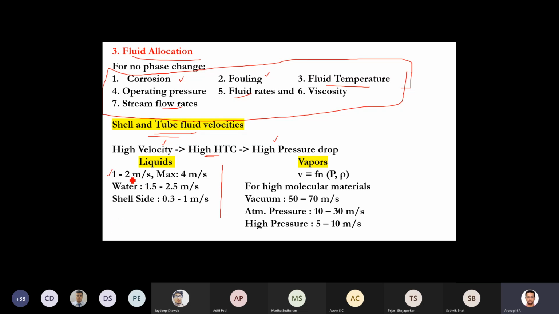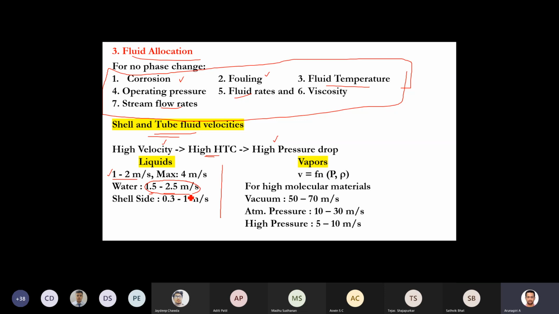For liquids, the permissible or desirable range of velocity would normally be 1 to 2 meters per second, and maximum you can go up to 4 meters per second. If you use water, generally you can go 1 to 3 meters per second, and the operating range you can select is 1.5 to 2.5 meters per second.